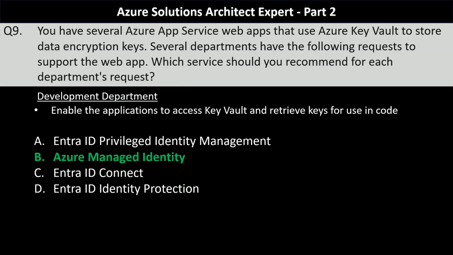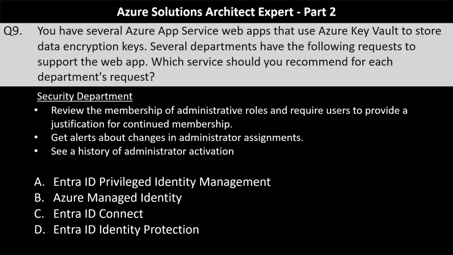Azure Managed Identity is specifically designed to provide Azure services like App Service and virtual machines with an automatically managed identity in Entra ID, allowing them to authenticate against Azure services like Key Vault without the need to manage credentials in your code. Now let's look at the requirement from a third department, which is the security department.